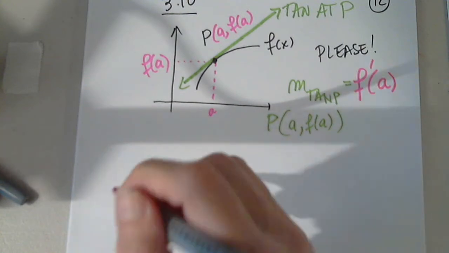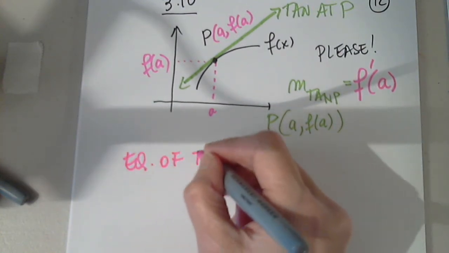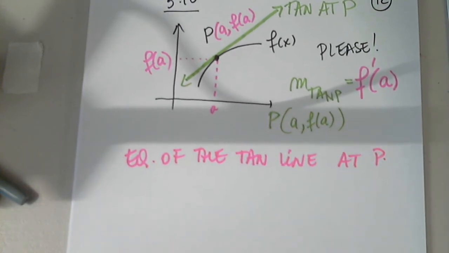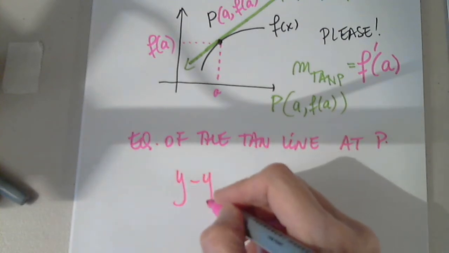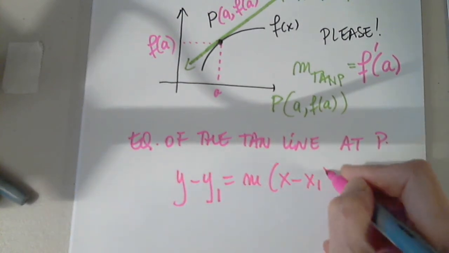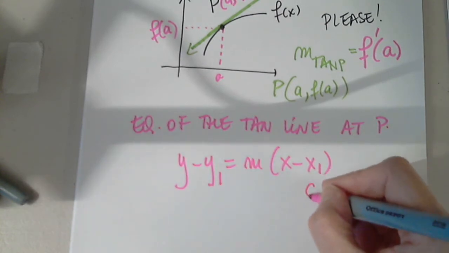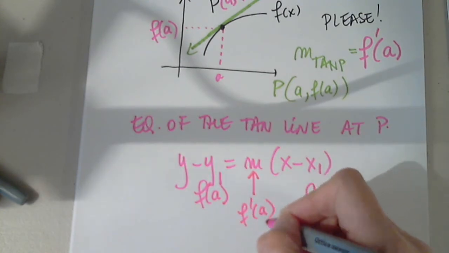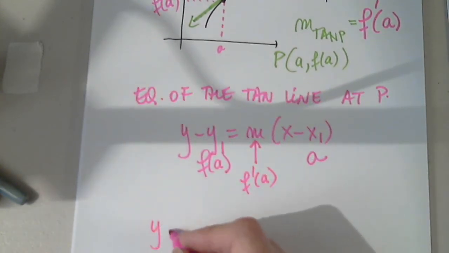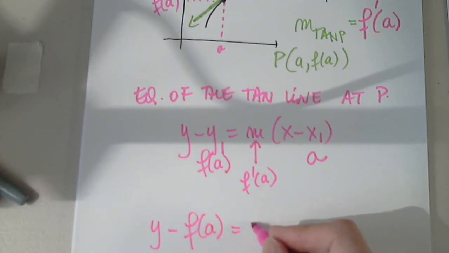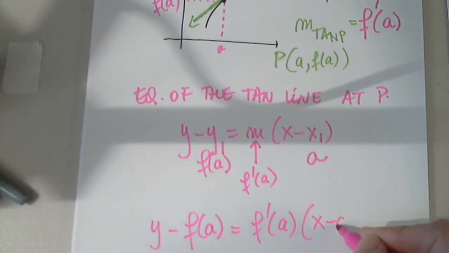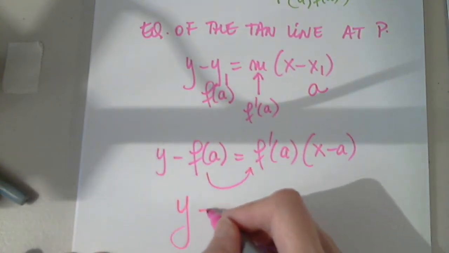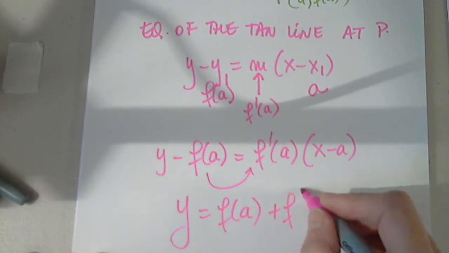So now let's determine the equation of the tangent line at P. y minus y1 equals the slope times x minus x1, where this is A, this is f of A, and of course this is f prime of A. So y minus f of A equals f prime of A times x minus A. And yes, I'm going to move f of A. Have we seen this before?